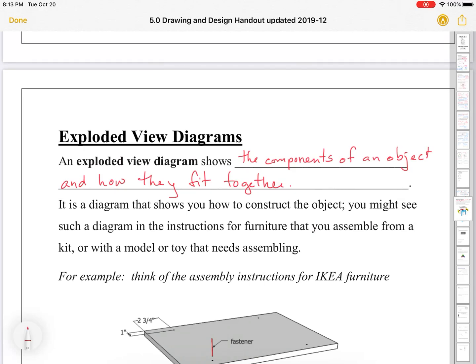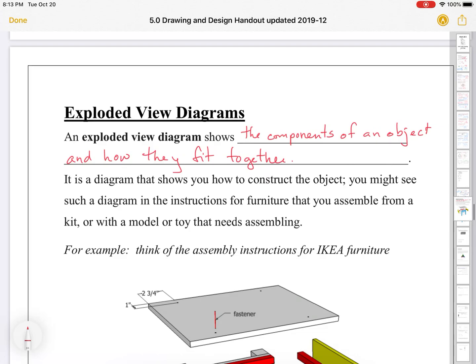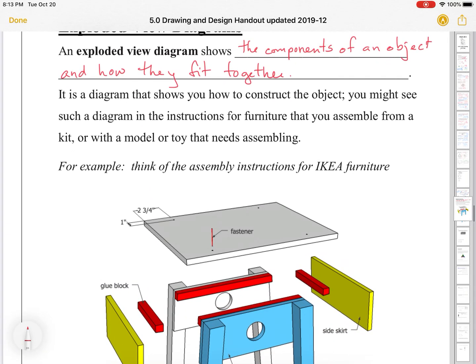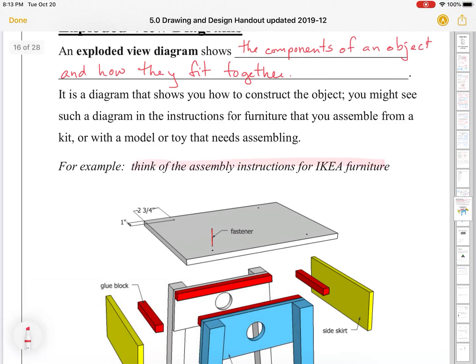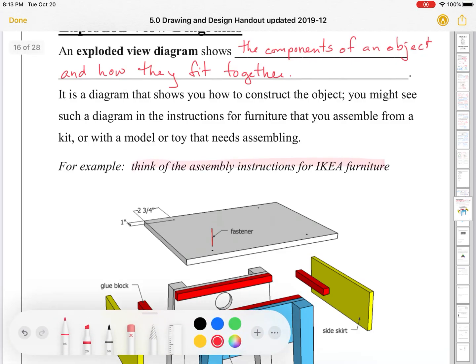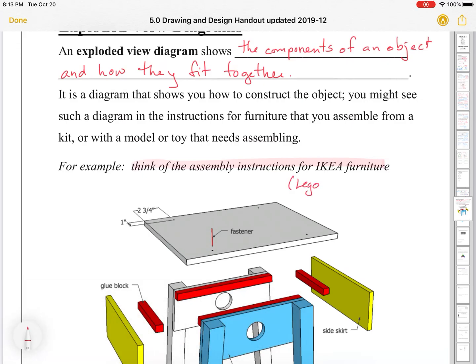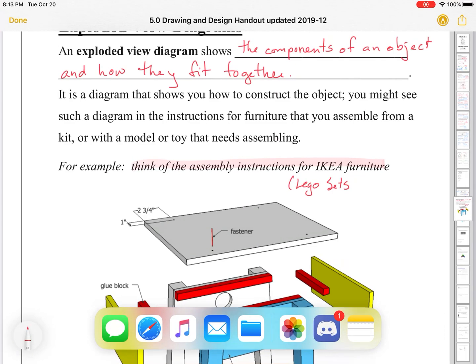You probably have seen these with IKEA furniture. It's a diagram that shows you how to construct an object. You might see such a diagram in the instructions for furniture that you assemble from a kit, or a model or a toy that needs assembling. Think of the assembly instructions for IKEA furniture or Lego sets, right? They show you a picture of how you put things together.